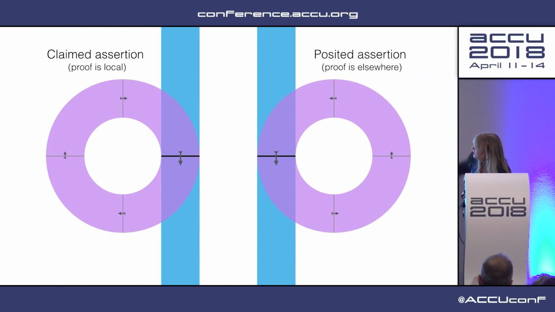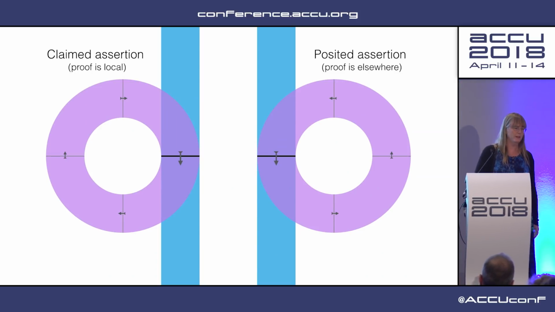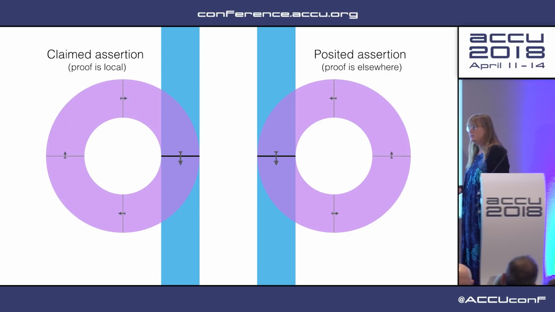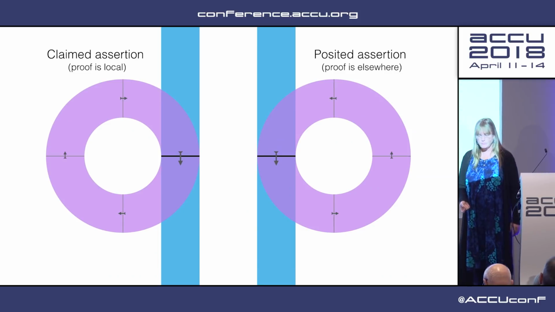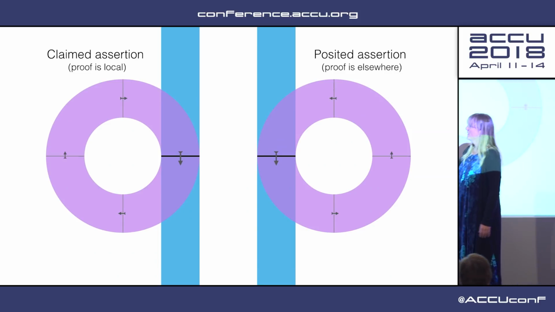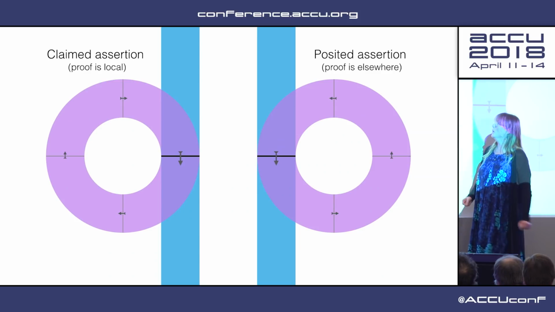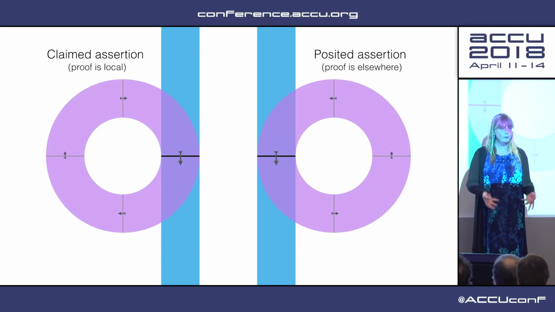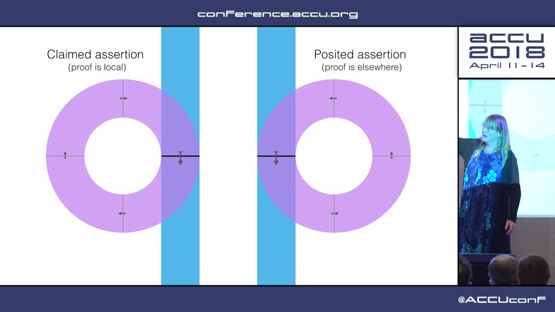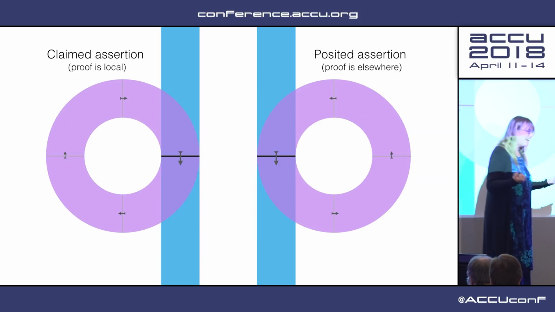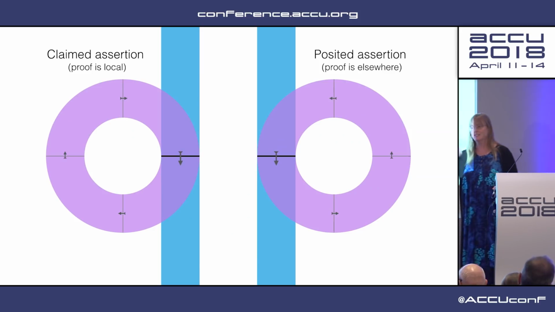We need claimed assertions and posited assertions in order to check the proofs in our programs, because we need to know where the proof is going to be. A claimed assertion is saying, by inspection of this area of the code, you should be able to figure out why this thing is true. So a claimed assertion, the proof is local. We like claimed assertions. Locality, we're in favor of locality. It's our watchword.